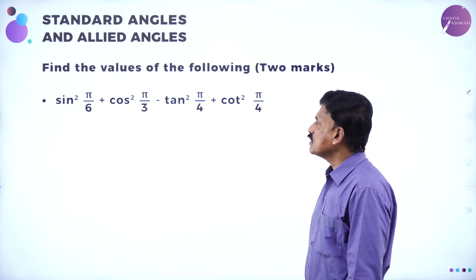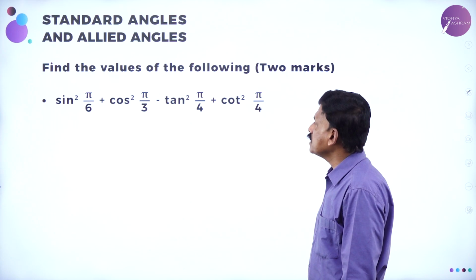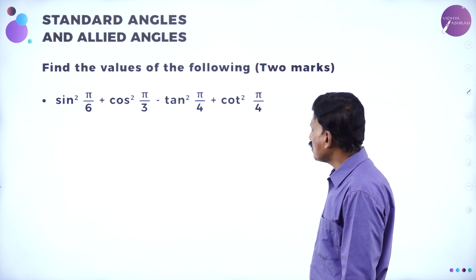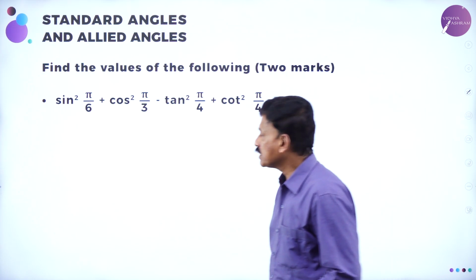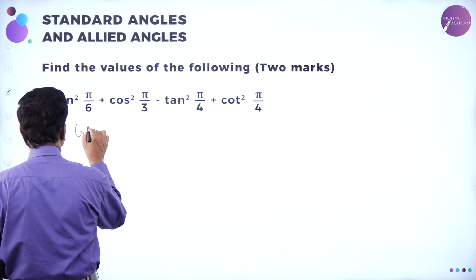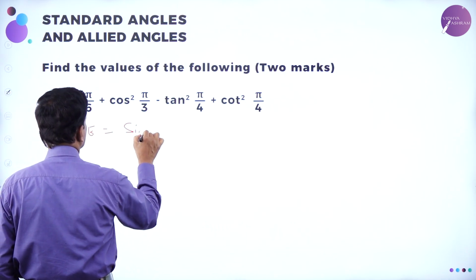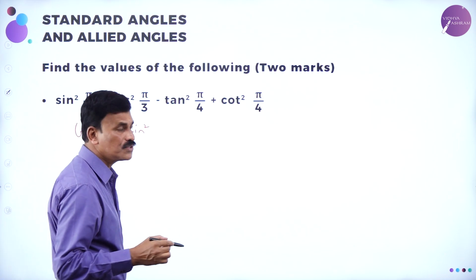Find the value of sin square pi by 6 plus cos square pi by 3 minus tan square pi by 4 plus cot square pi by 4. The given equation can be written as follows; convert the radians into degrees.